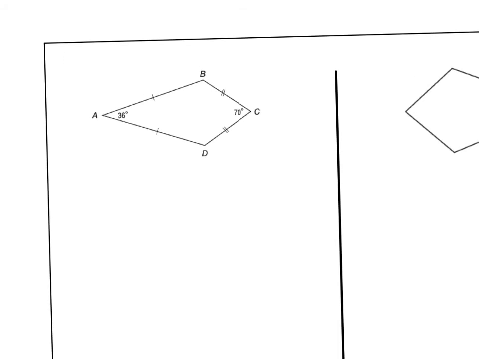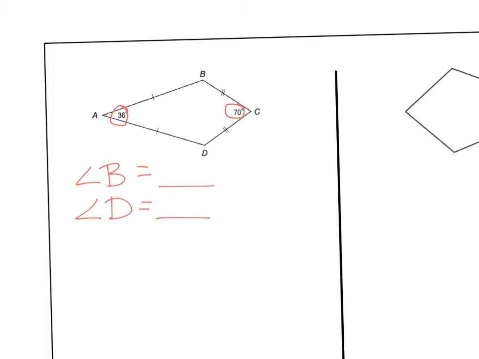So with this first one, we're going to be solving for angle B and angle D. All right, now remember, there's always only one pair of opposite congruent angles in a kite. Now, if I see that I have a 70 degree and a 36 degree angle already in there, well, those aren't congruent.